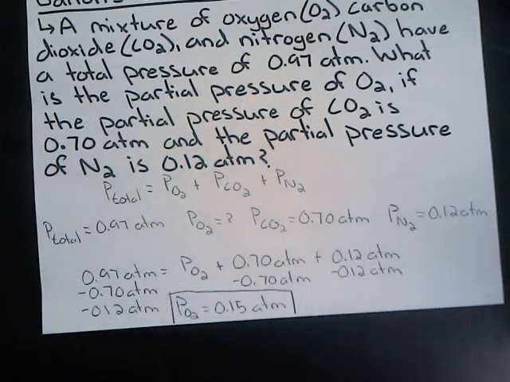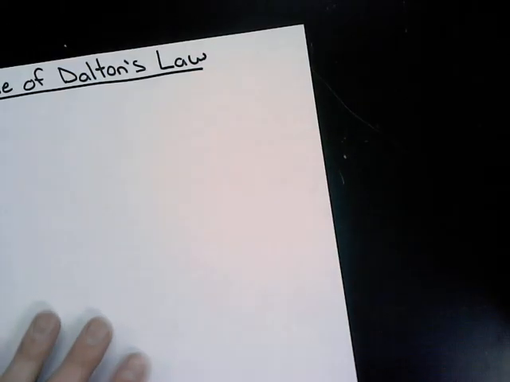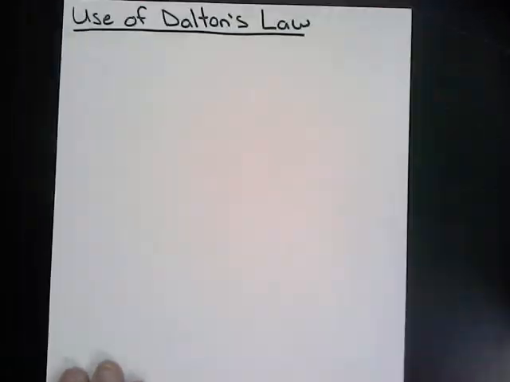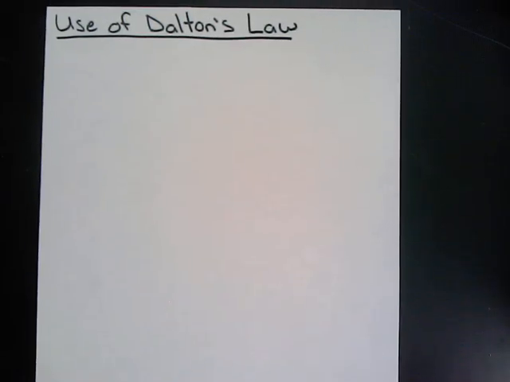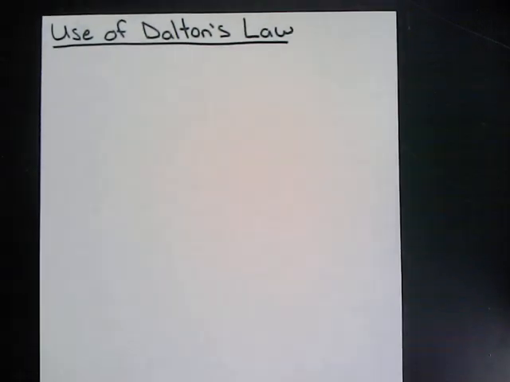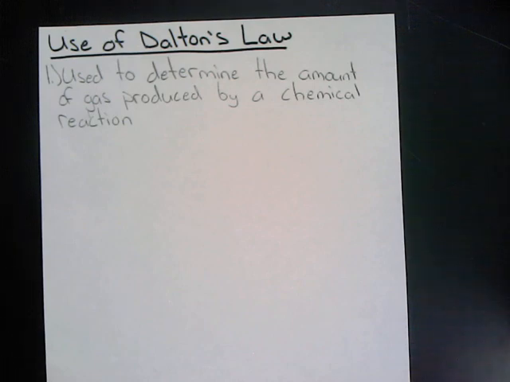All right, so you may be wondering, what is the point of Dalton's law? Well, it helps serve a couple of things. Number one, it can be used to determine the amount of gas produced by a chemical reaction. So let's say you have an equation such as hydrochloric acid and zinc.